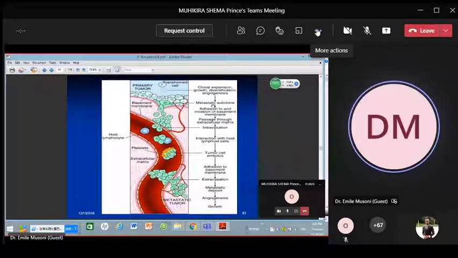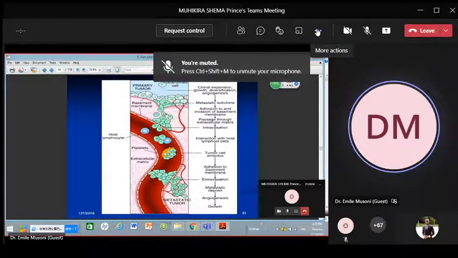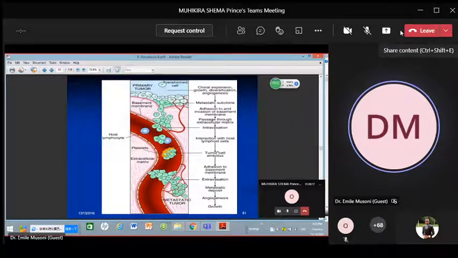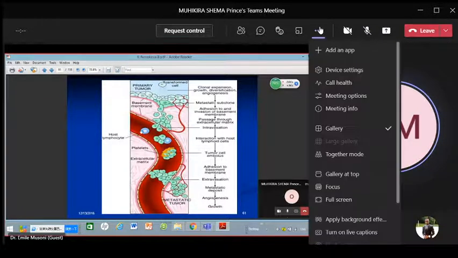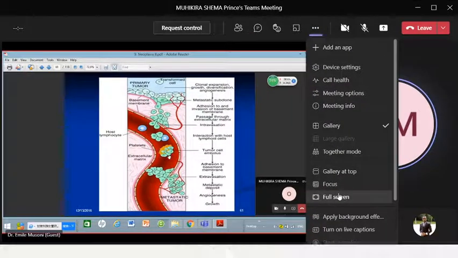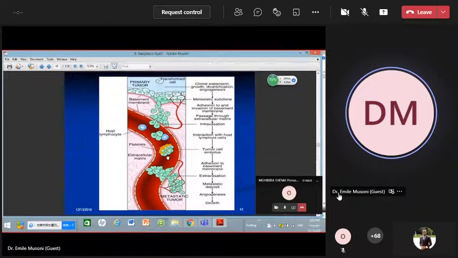Here we see the metastatic subclones, adhesion to the basement membrane, passage through the extracellular matrix, intravasation, interaction with the host lymphocytes. Then in the blood, there will be a tumor cell embolus, and then adhesion of those emboli.